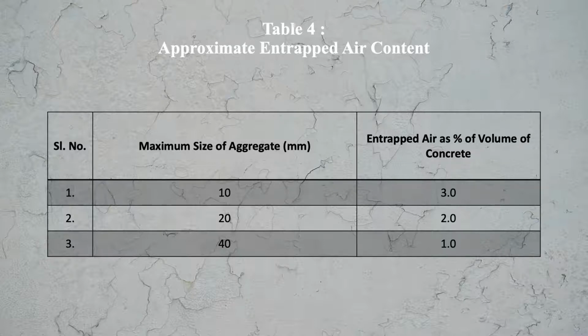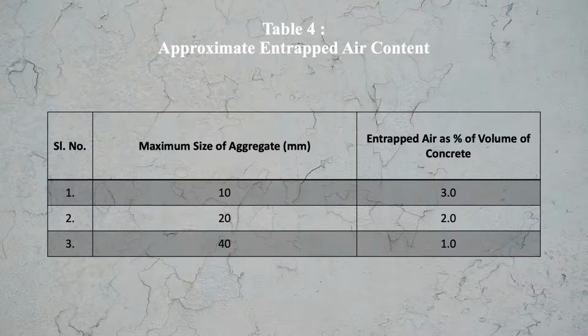In this table, the maximum size of the aggregate in mm is in one column, and in the third column entrapped air as percentage of the volume of concrete is given. For maximum size of aggregate of 10 mm it is 3%, for 20 mm it is 2%, and for 40 mm it is 1%.